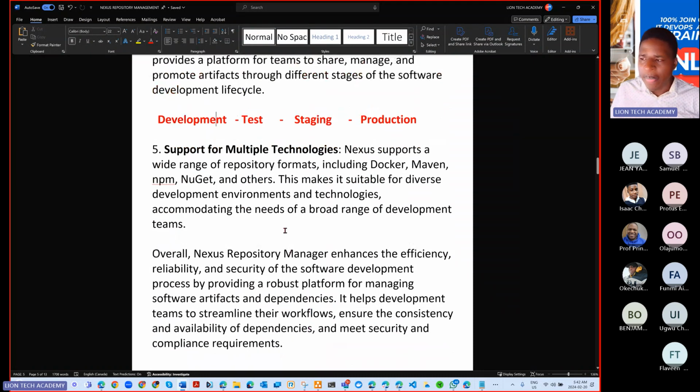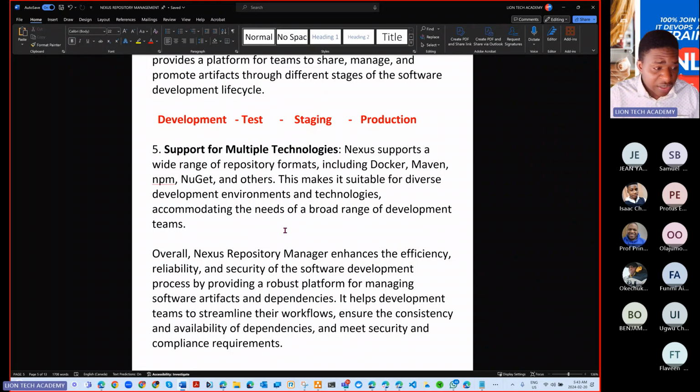So imagine we have a very big company like Facebook, for example, that doesn't just build and manage maybe in Java. What if they have an NPM team, a node package manager, software developers using NPM? What if they're using Docker? What if they are using other technologies?